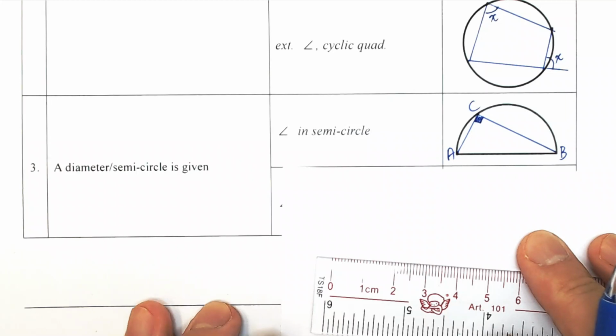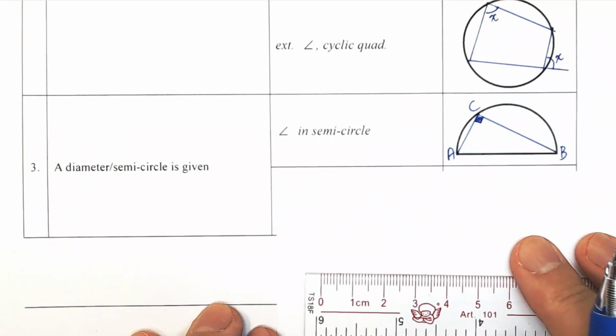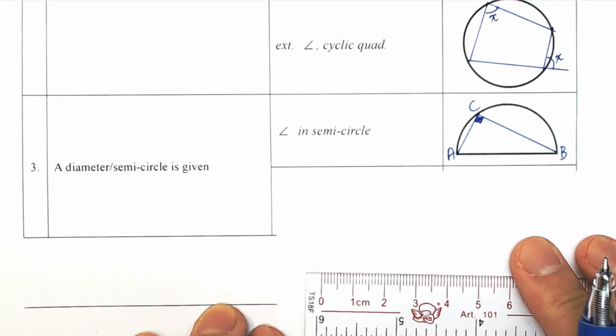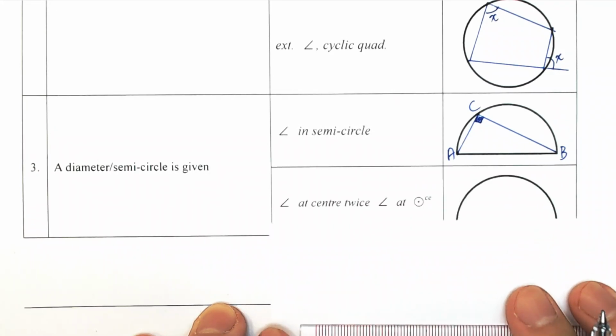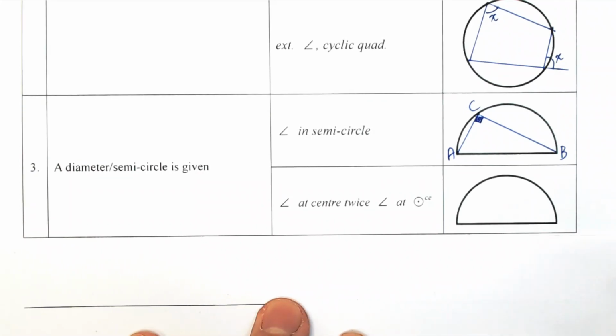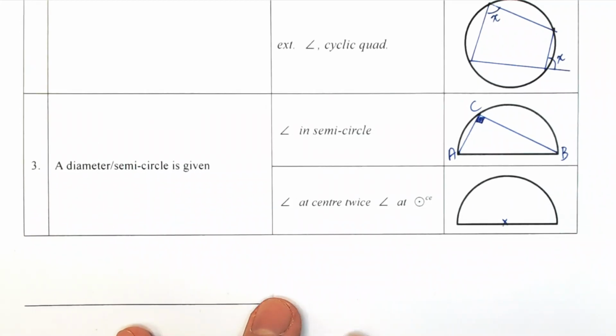Number 2, when a semicircle is given or a diameter is given, you need to note whether the center of circle is given or not. If there is, you may need to consider angle at center twice angle at circumference, like this.